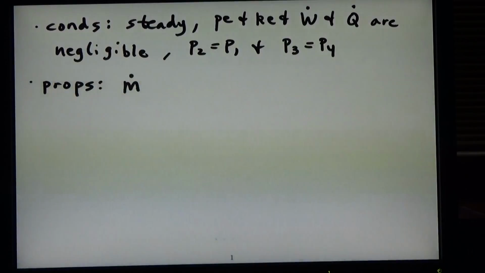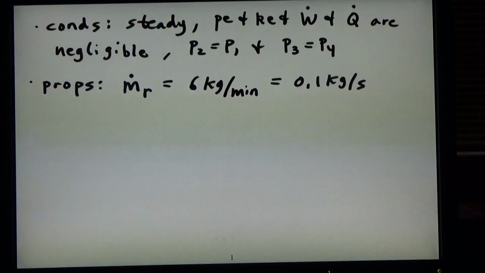We're going to go ahead and specify that as m dot r, for refrigerant. It is equal to 6 kilograms per minute. And then we want to convert that to kilograms per second. To do that, we need to divide by 60. That's going to be 0.1 kilograms per second. That's the mass flow rate of the refrigerant.